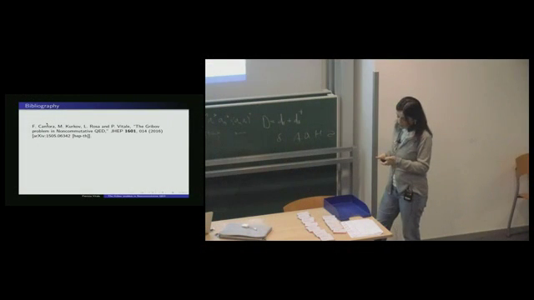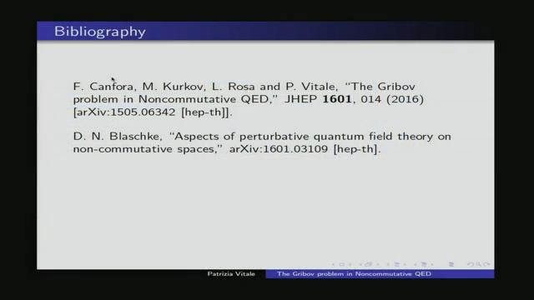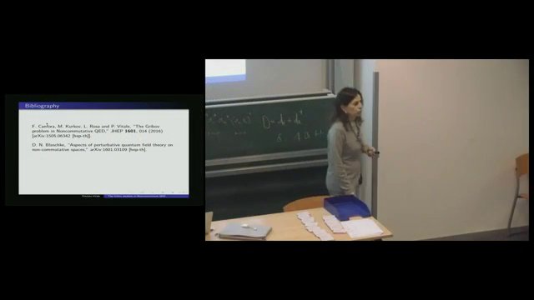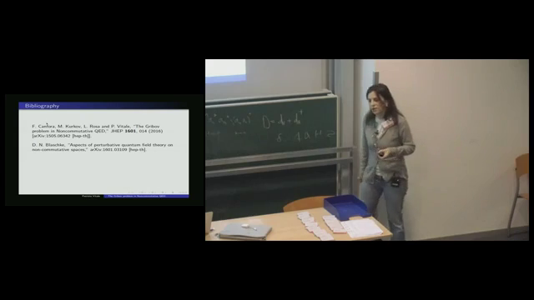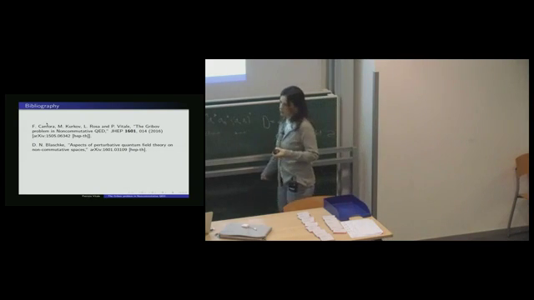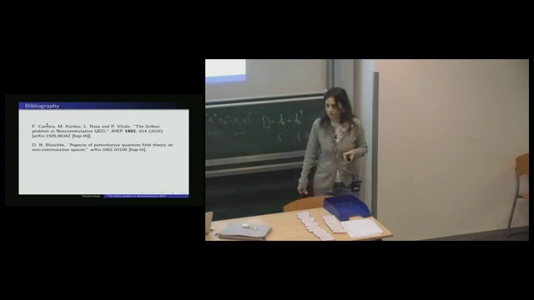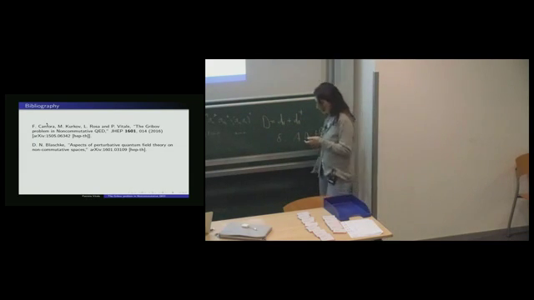And this is a paper where essentially this non-commutative QED is discussed. This is a recent paper of Daniel Blaschke, where he reviews the approach to the ultraviolet infrared mixing in non-commutative gauge theories using a modification of the propagator.